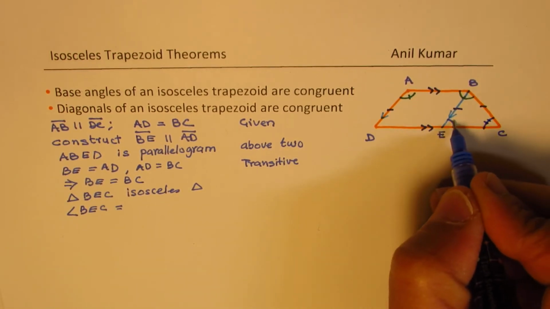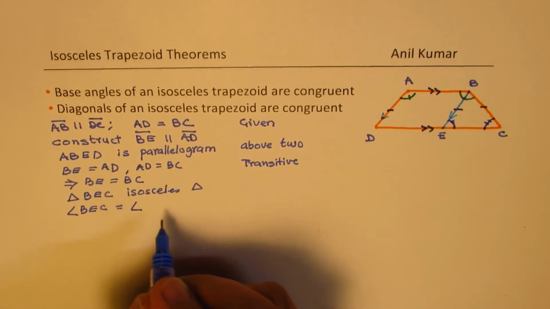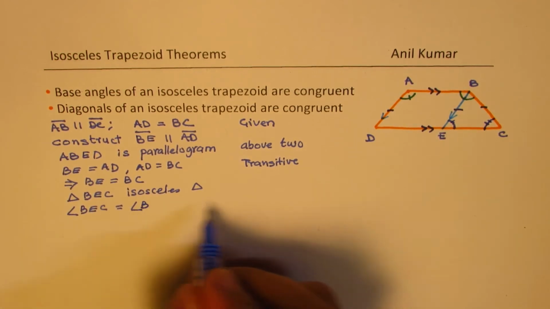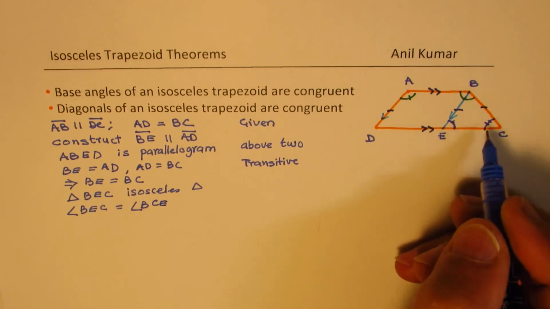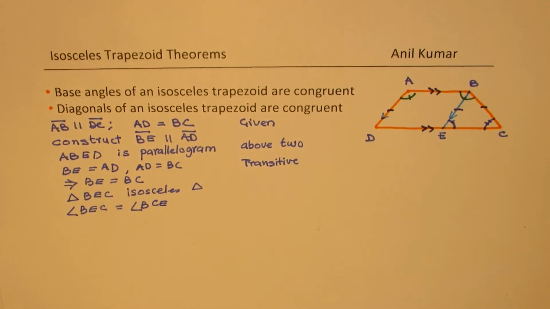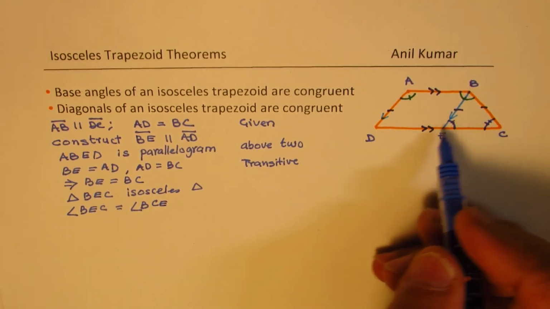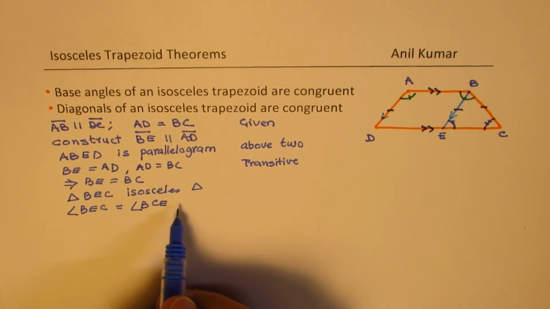So these should be equal angles, right? Now, because it is an isosceles triangle.